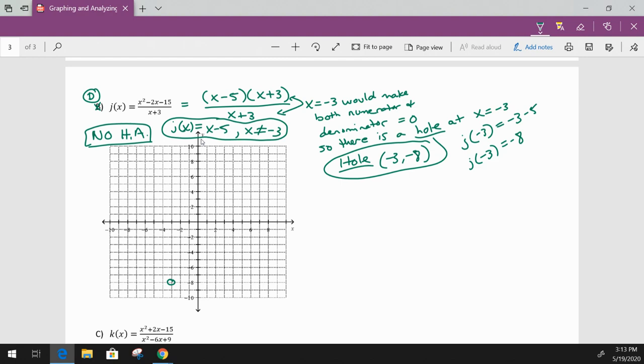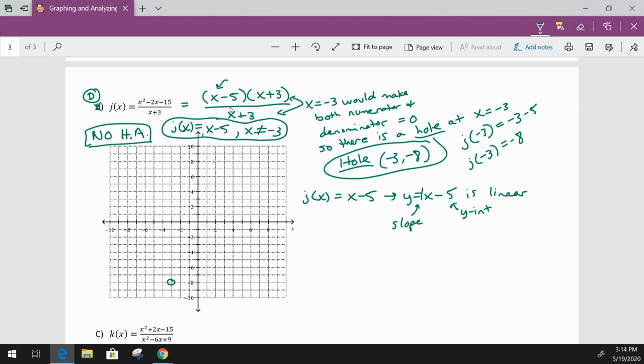So what we have left is j of x equals x minus 5. The equation y equals x minus 5 is just a linear equation. It has a y-intercept of -5 and a slope of +1. We could also find our x-intercept. Going back to our rational function, what value of x is going to make the numerator equal to 0? Well, 5.